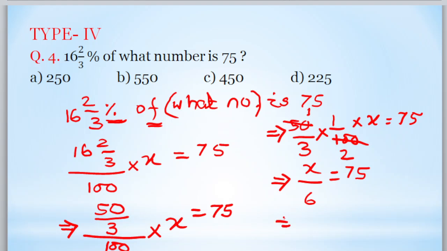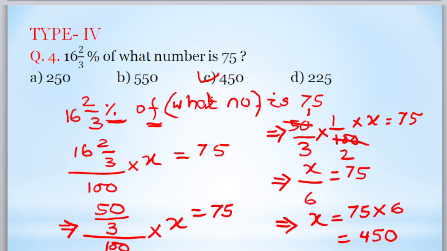Now this implies x is equal to 75 into 6. So that is equal to 450. That means here option C is the right answer.